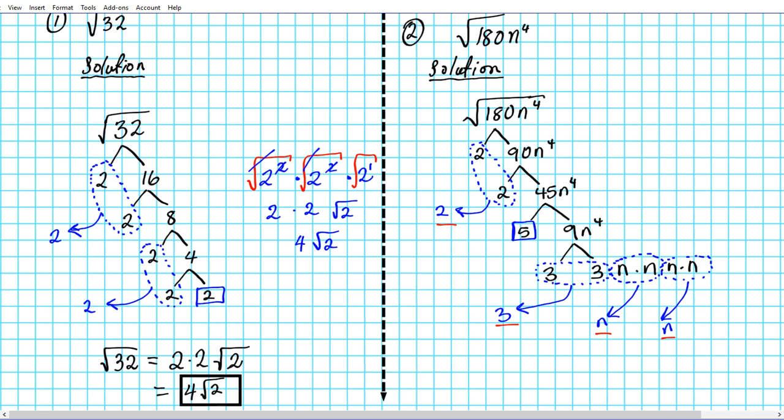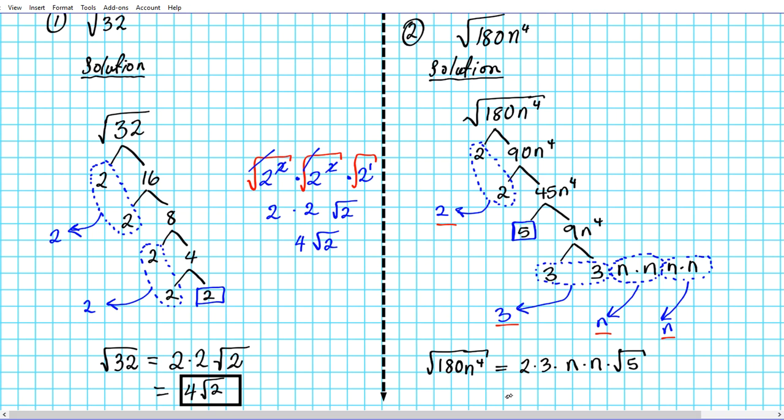So what is our answer going to be? In expanded form, the square root of 180 n to the 4th is 2 times 3 times n times n, the numbers that were squares, 2 squared, 3 squared, n squared, and n squared. And then we have the root 5. 5 was not a square, so it doesn't get to break out of the radical symbol.